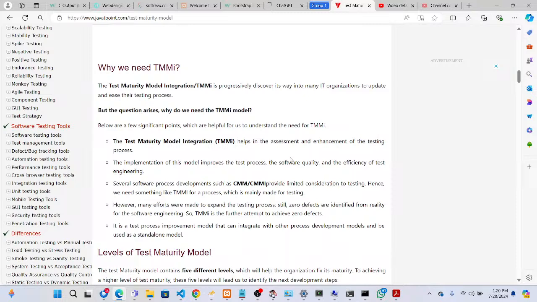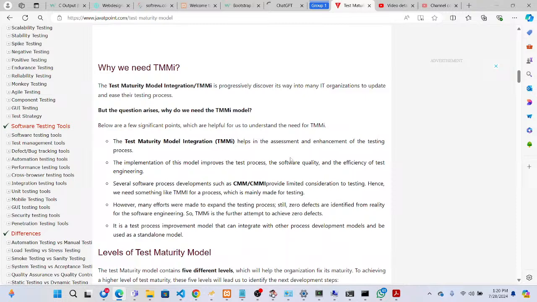Based on industry standards and experiences, TMM has created a model. If any organization follows and simulates it, some of the best practices can be implemented, and they may not miss some of the procedures, checklists or models which are industry standard.